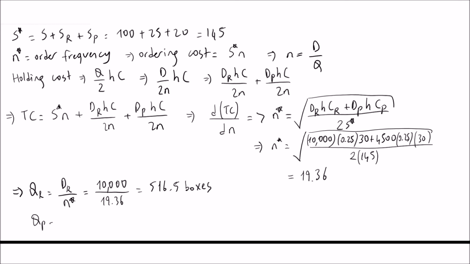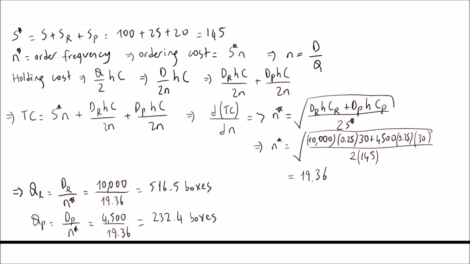For pumpkin spice, demand divided by N star. Demand is 4,500 this time, 19.36, and this value is equal to 232.4 boxes.